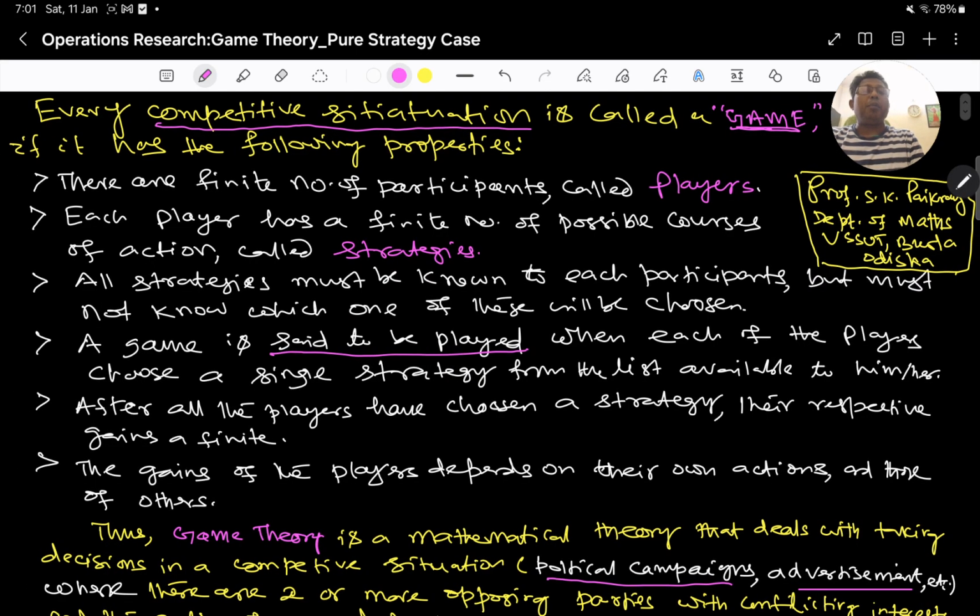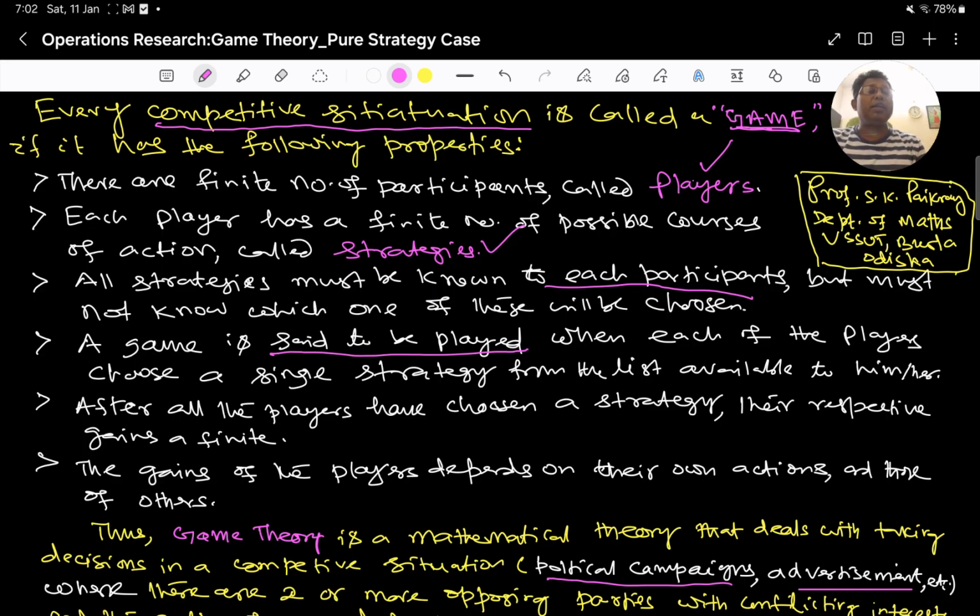It has the following properties. There are a finite number of participants called the players. Each player has a finite number of possible courses of action, rules of the game, strategies. All strategies must be known to each participant, but they must not know what exactly strategy will be chosen by the other player.